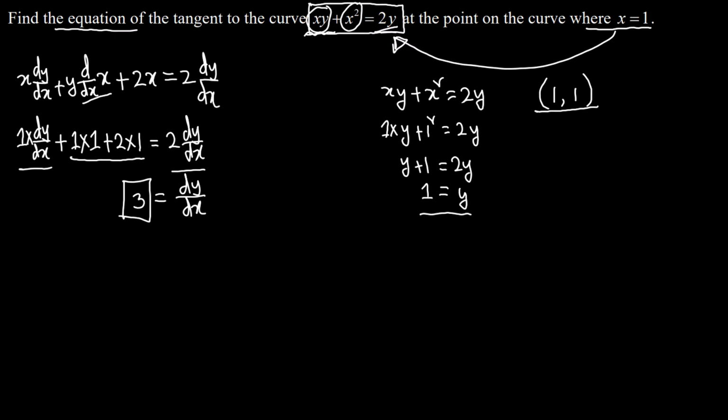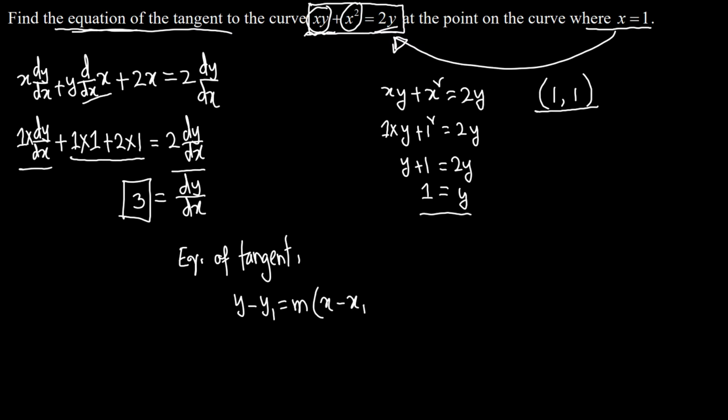Now it's time to form the equation of the tangent. Let me write the formula first: y minus y1 equals gradient m into x minus x1. This is our equation of tangent.